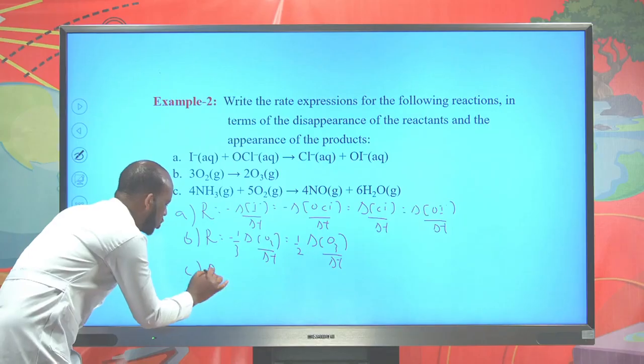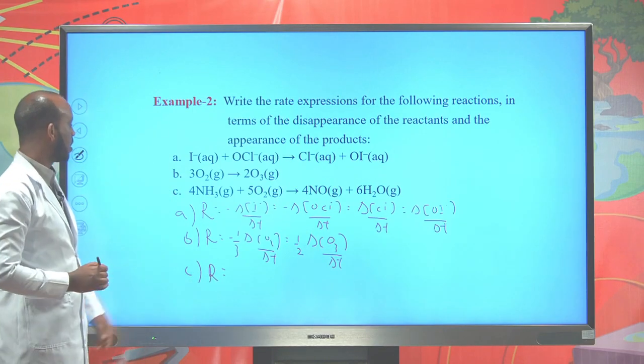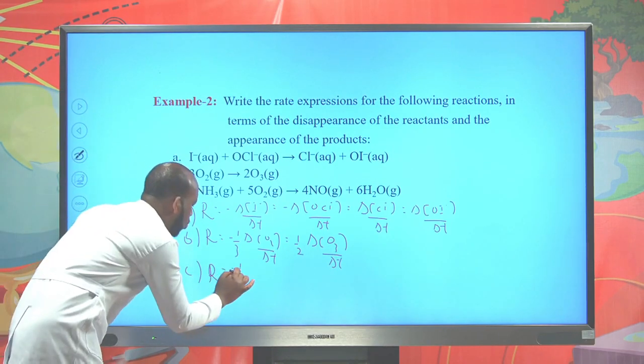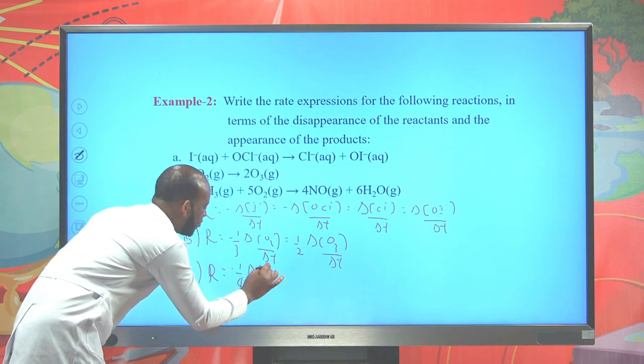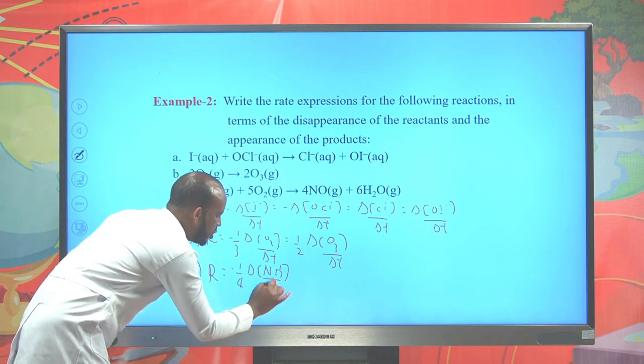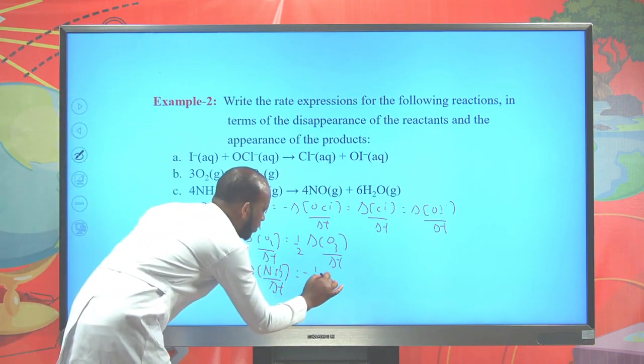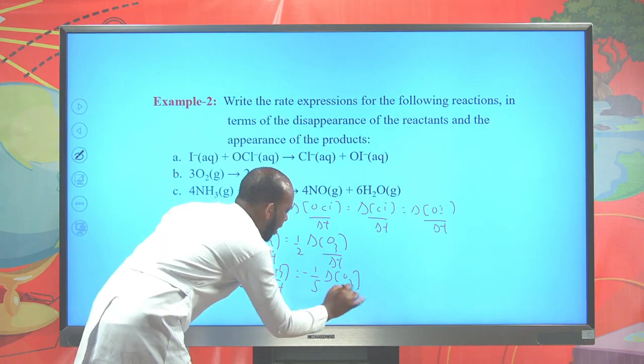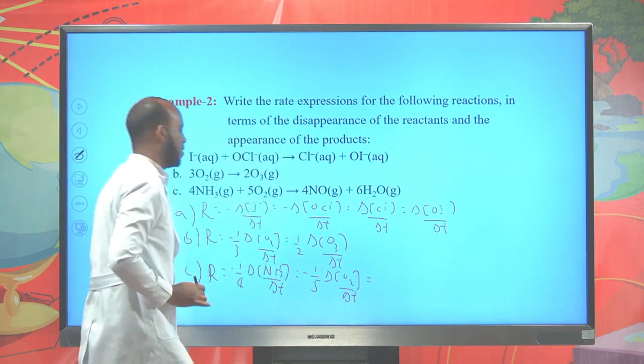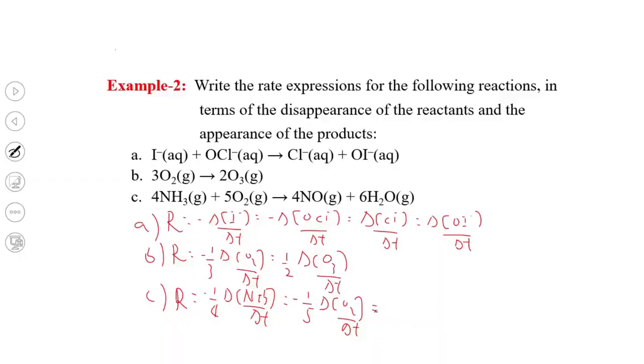(c) Rate equals, in terms of reactant, minus 1 over 4 change in concentration of ammonia divided by change in time, equals minus 1 over 5 change in concentration of O2 divided by change in time, equals 1 over 4 change in concentration of NO divided by change in time, equals 1 over 6 change in concentration of water divided by change in time.